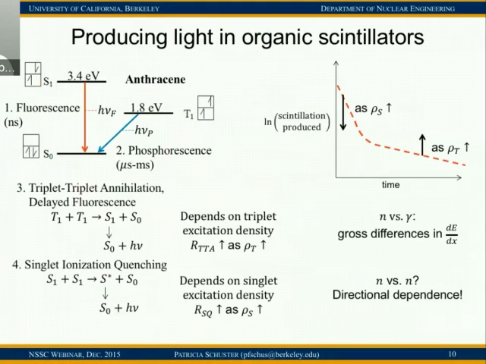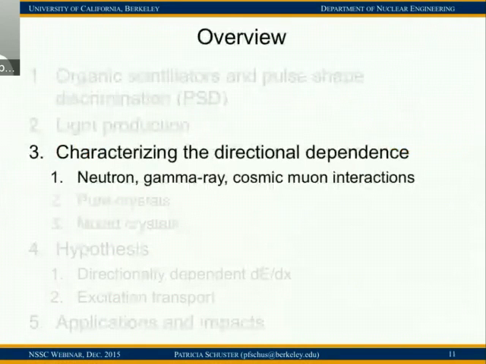That's really why there's a difference in pulse shape. The question is whether there is a difference between neutron interactions at different directions. We observe a difference that I'm about to show you how I characterize, and the question is really how that difference is produced.